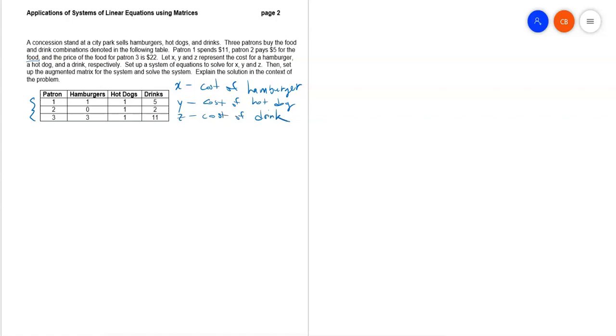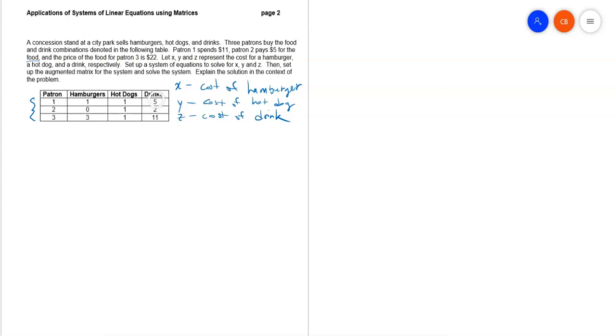And so what that means is that whenever we multiply how many hamburgers someone bought times X, that will tell us how much they spent on only hamburgers. And when we multiply how many hot dogs someone bought times the cost of each hot dog, we will get how much they spent on hot dogs.